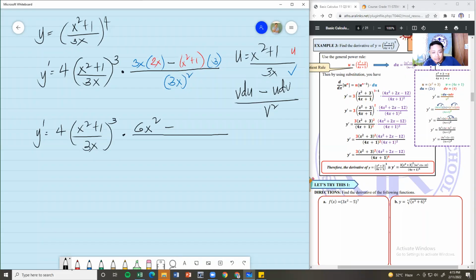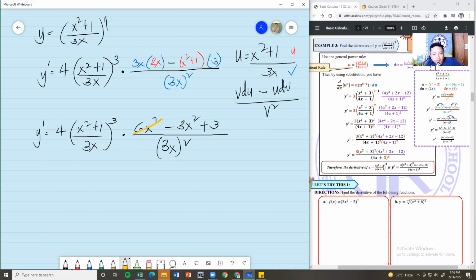So therefore, that becomes 3x squared plus 3. Can you follow? And then you just multiply this. This will become 3x squared still, the quantity 3x squared. Okay? And then now we can simplify this further.